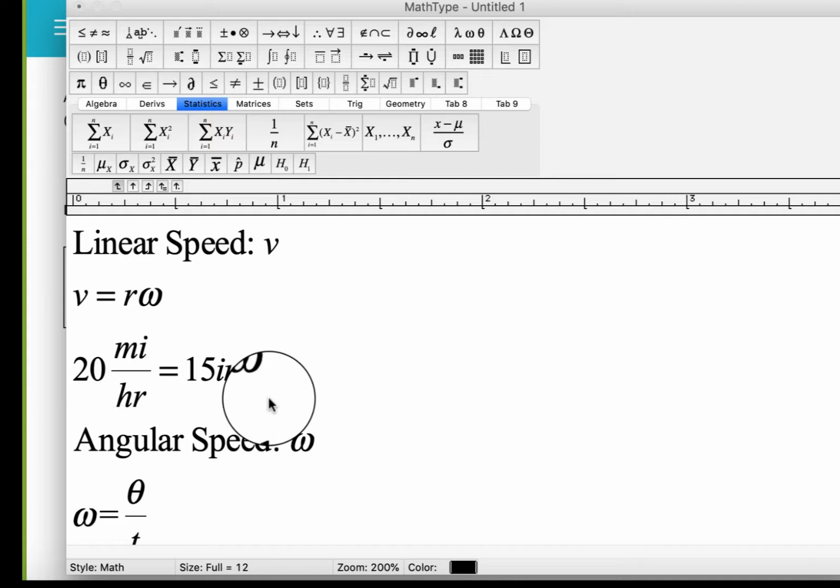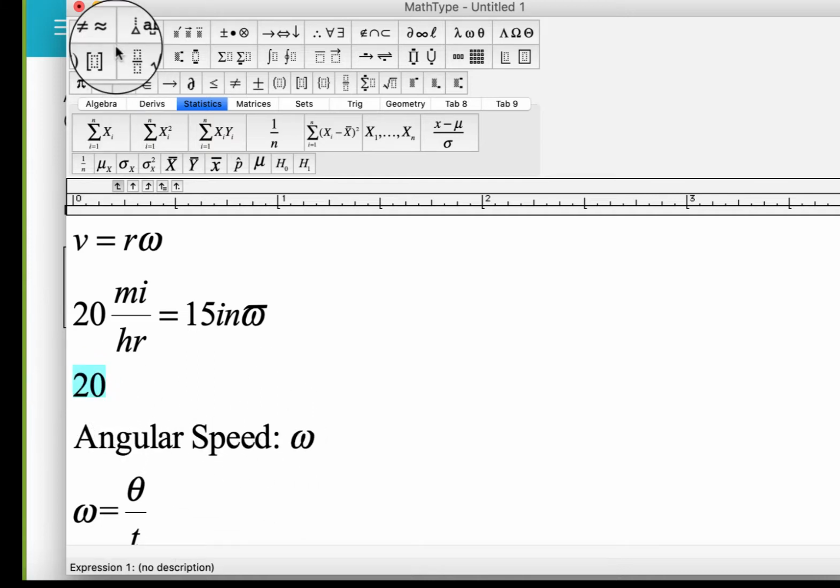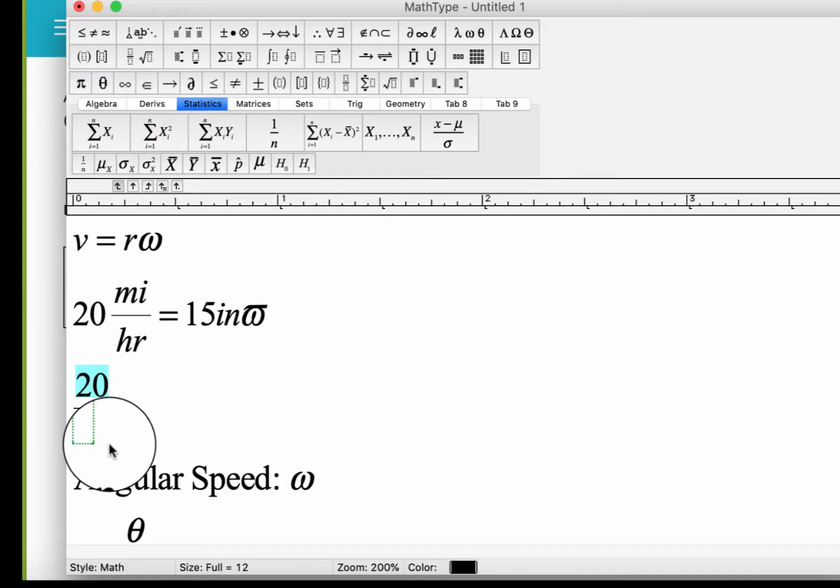We can divide both sides by 15 inches. Then we have 20 divided by 15 inches times miles per hour.